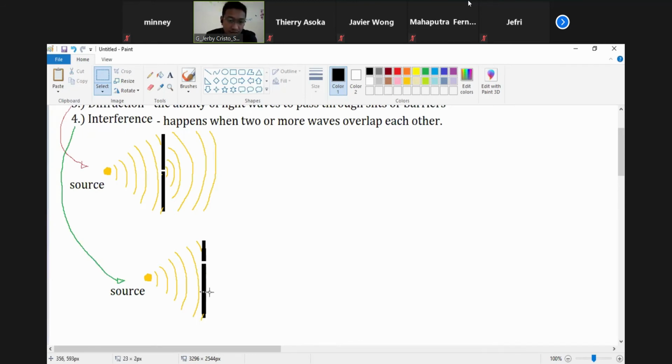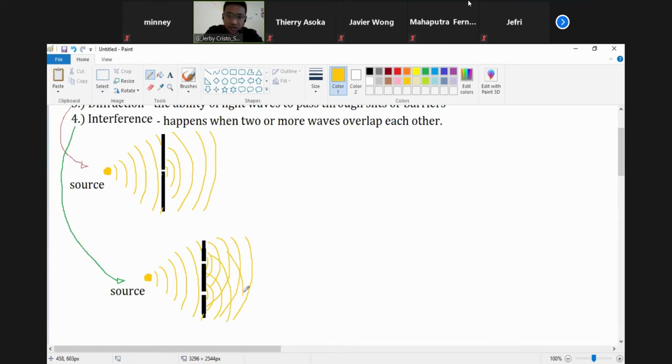So these are the double slits. In each slit, we expect diffraction of light. So here we have diffraction. This will be the formation of a new set of wave fronts in that slit. And since it's a double slit, we also expect diffraction in here. So there will be formation as well of new wave fronts.